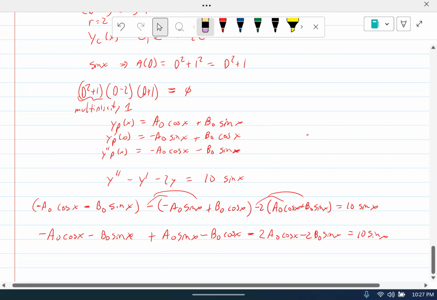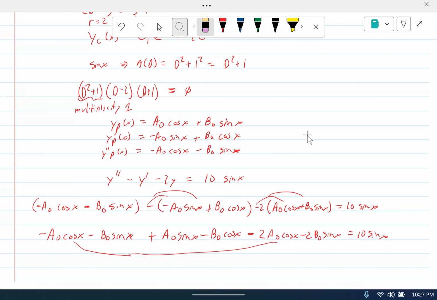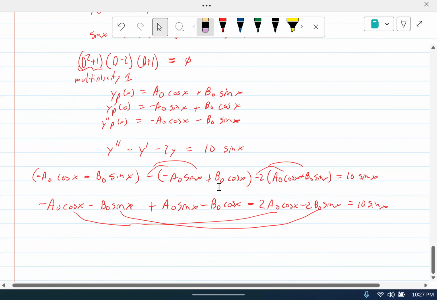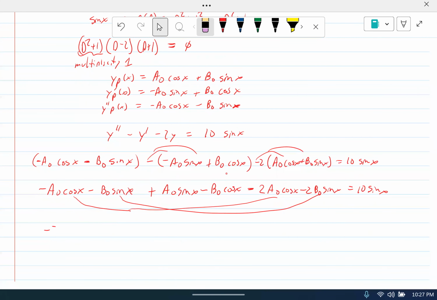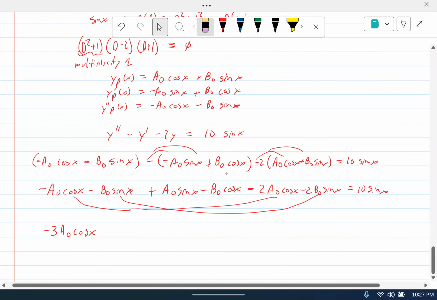The only two things that combine here are these two guys, a naught cosine x and b naught sine x, and that's going to be negative 3 and negative 3. Negative 3 a naught cosine x. I'm going to put the cosine x next to it, minus b naught cosine x.